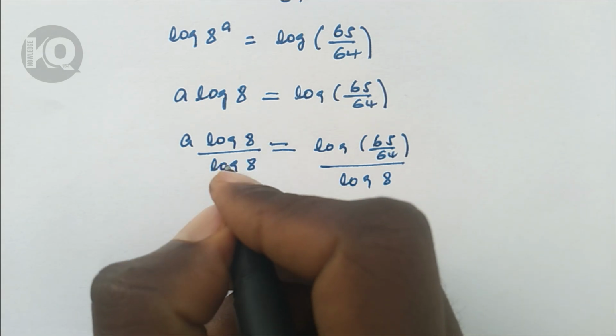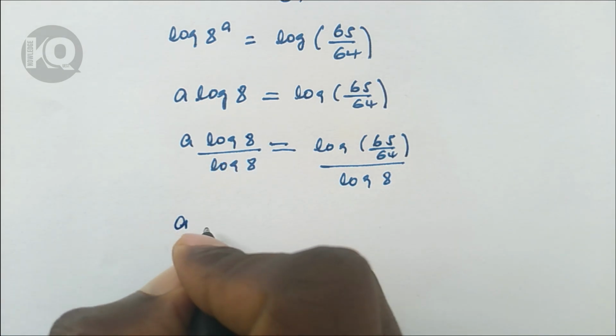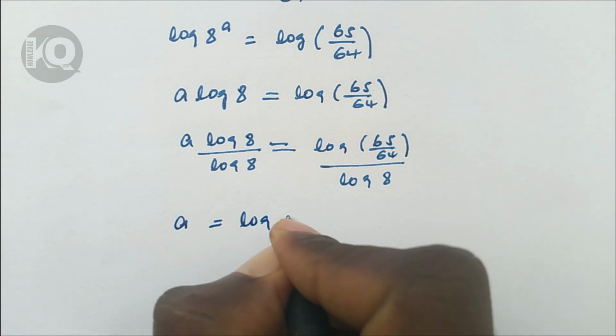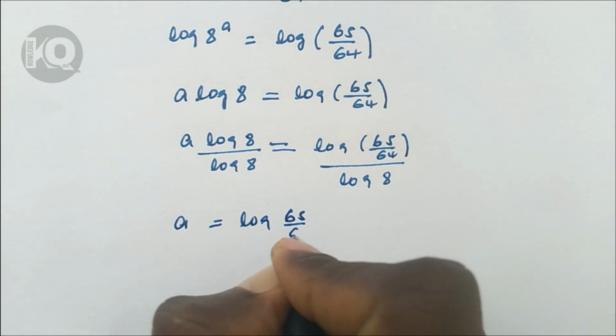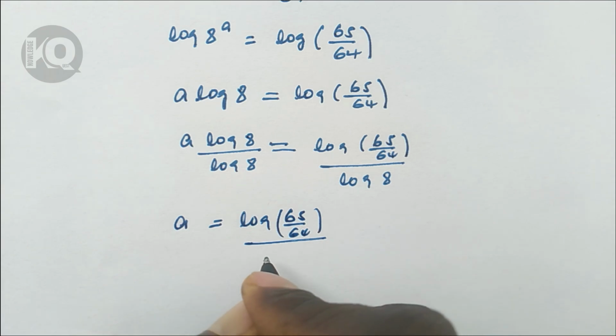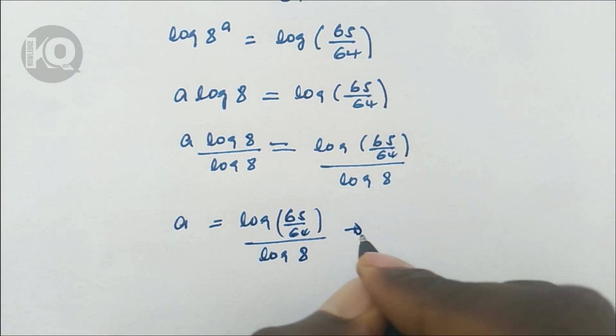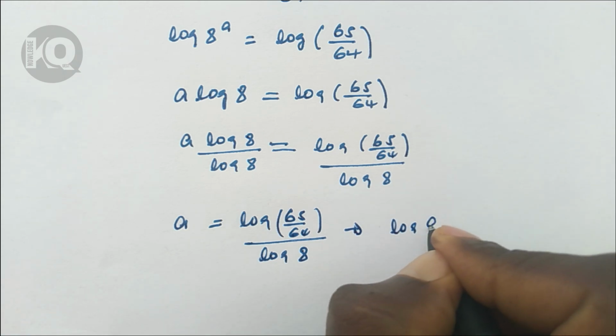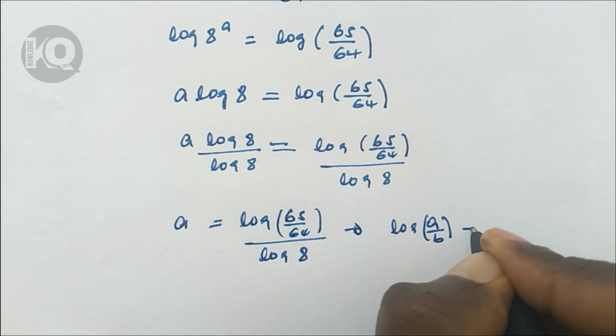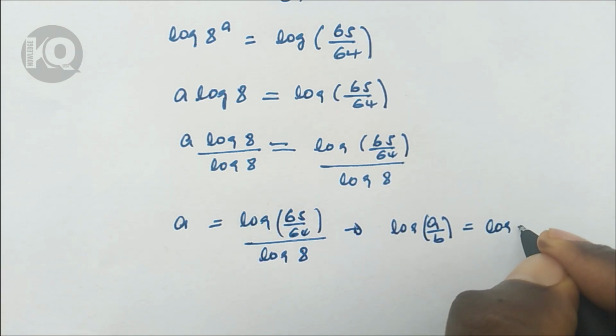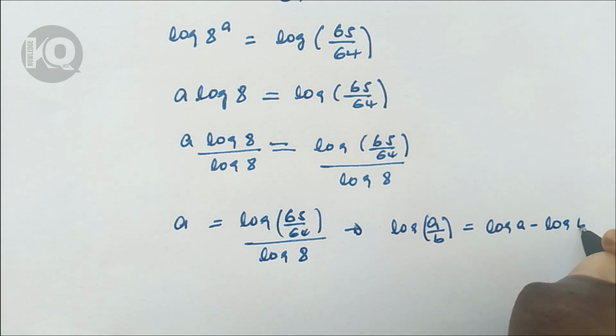Then log 8 is cancelled, so x is equal to log of 65 divided by 64, over log of 8. Here we know log of a divided by b is equal to log of a minus log of b.